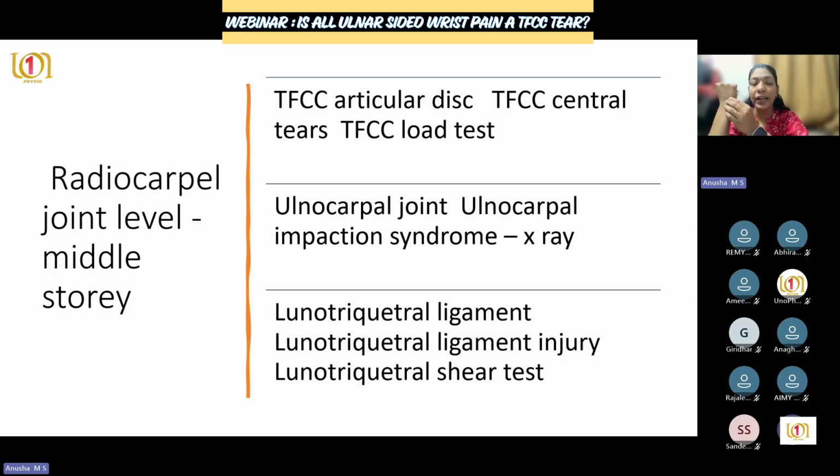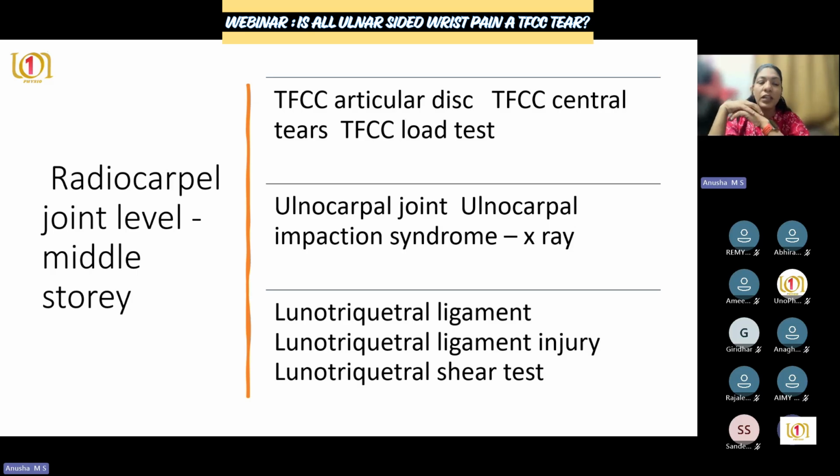In some people the ulna is low. So if that is the case, then it can cause impaction or pressure over the carpal bones. And that can result in ulnocarpal impaction syndrome, which can only be found out with an X-ray. So X-ray is important if you suspect ulnocarpal impaction syndrome. There's no special test specifically for that which has much reliability.